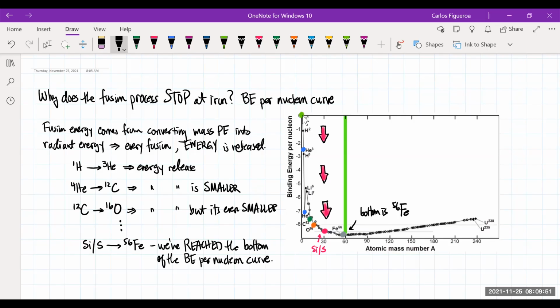That means no more energy can be extracted from fusion. You're at the bottom. And this is so important.